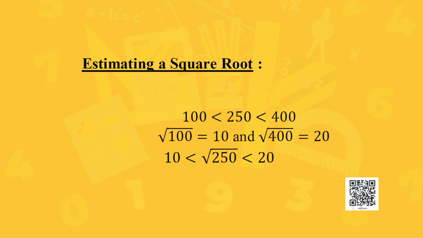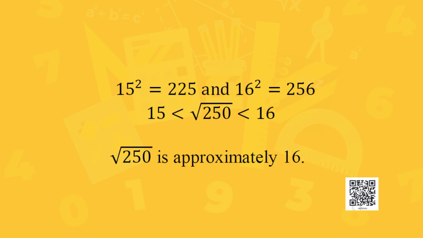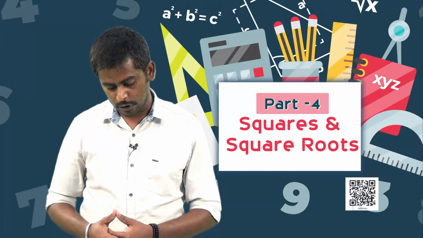But still we are not very close to the square number, because we know that 15 square is equal to 225 and 16 square is equal to 256. Therefore 15 is less than the square root of 250, which is less than 16, and 256 is much closer to 250 than 225. So the square root of 250 is approximately equal to 16.